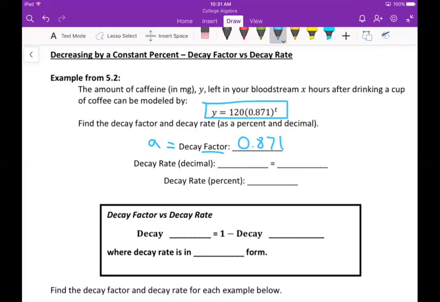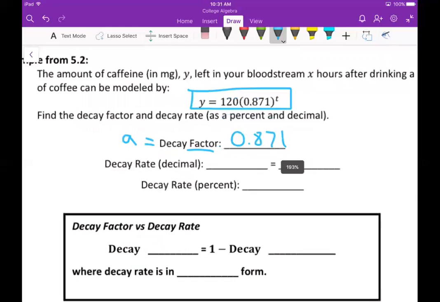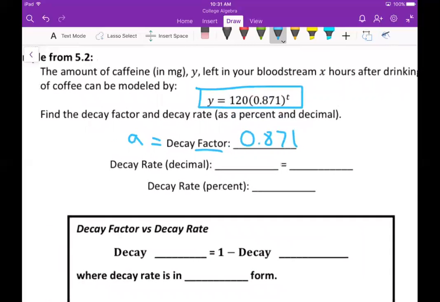To get to our decay rate, we're going to have to do a little bit of work here. So our decay rate is actually, right, we're thinking about this as a percentage. In the function, if we think about 0.871, that's 87.1%. That's how much we're keeping of the 120. We're taking 120 times that percentage, and that's how much caffeine is remaining.